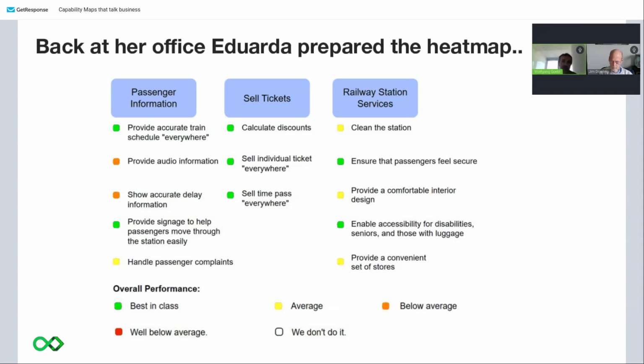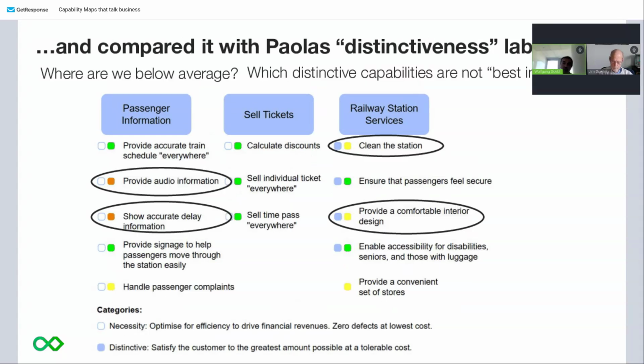And maybe that's the point here with capability heat mapping, that you need to combine the information you get from various sources, various interviews, some customer research, and use it for heat mapping purposes. And after a while, she combined it with the distinctiveness criteria.